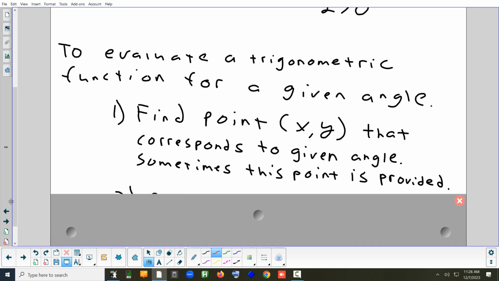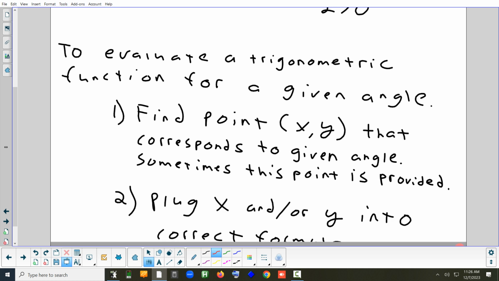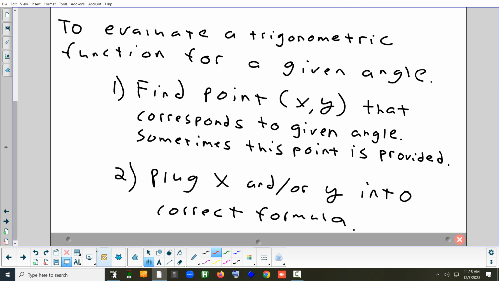Okay, but step 1, if I have you find a coordinate, it's going to be an easy one to find. It's either going to be the 0, 90, 180, or 270. Okay, just the 4 that we went over. Now step 2 is once you find the coordinate, fill those into the formula. Which formula? Well, whatever they want to know. Sine, cosine, secant, cotangent.